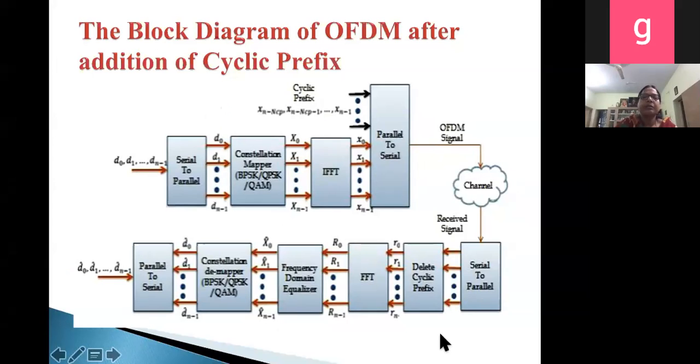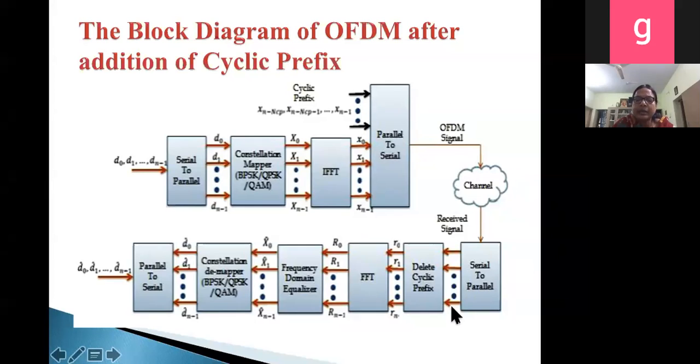From the block diagram of OFDM, after addition of the cyclic prefix, the only extra addition is that we have added a cyclic prefix at the end of the frame. Suppose you are sending x0 to x of n minus 1, we add additional data bits, x of n minus 1 to x of n minus ncp, as the cyclic prefix.